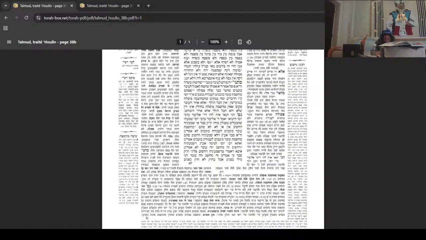Rabbi Yochanan Amar Pesula Machshavin Me'avoida La'avoida. Rabbi Yochanan says it's pasul, meaning it's not allowed. The shechita, because he's thinking me'avoida la'avoida. Ah.